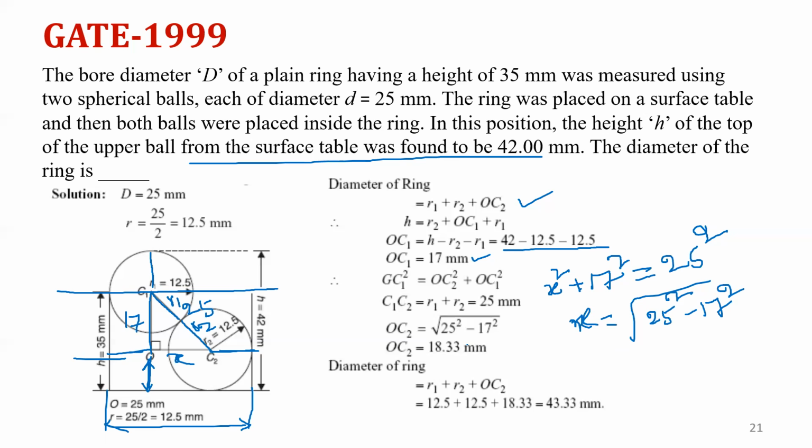Now you got the x value, that is 18.33 mm. Therefore, the diameter of the ring is equal to R1 plus R2 plus OC2. OC2 is nothing but x. R1 is 12.5, R2 is 12.5, OC2 is equal to 18.33. Total is 43.33 mm.